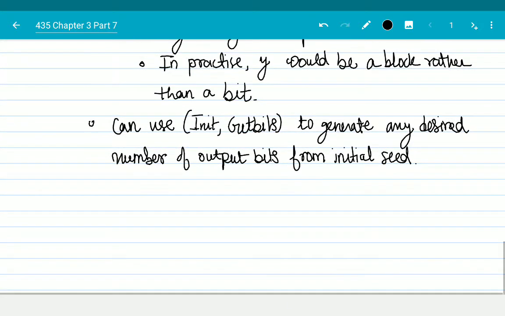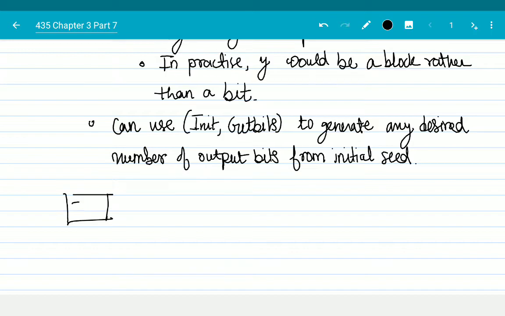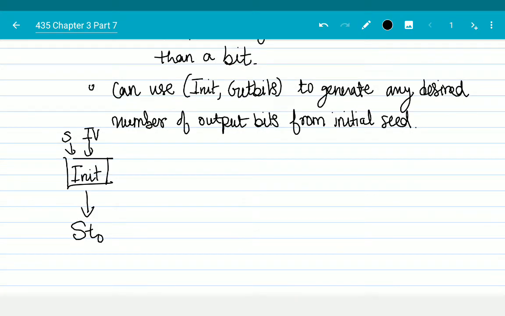And so in terms of a diagram, I'm feeding my initial seed and initialization vector, if I want the second one, to init, which outputs a state st0, right?